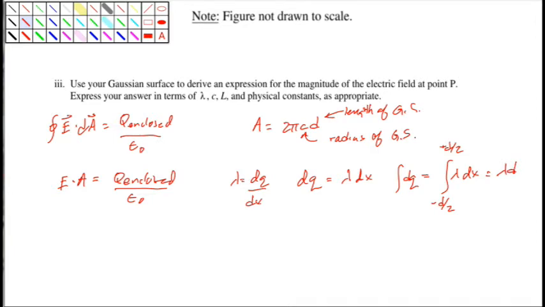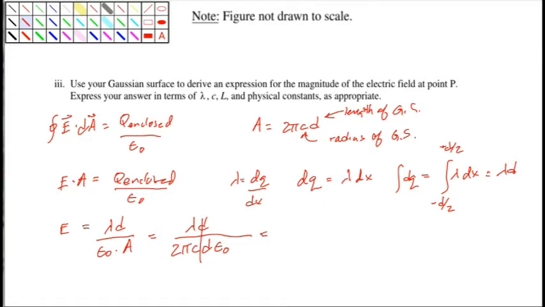So our total enclosed charge within our Gaussian surface is going to be lambda d, and we know that A is equal to 2 pi c d from before. So E is now going to be equal to lambda d divided by epsilon naught, and we're going to move the A over, so the field is going to be lambda d divided by 2 pi c d epsilon naught, and the d's cancel out.